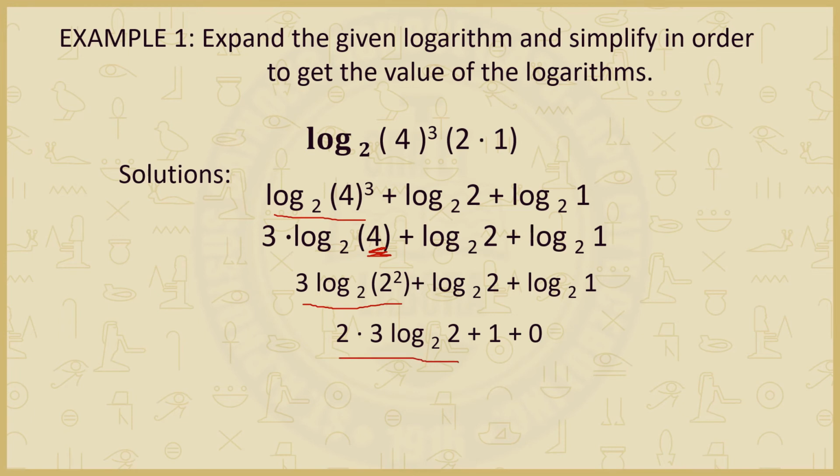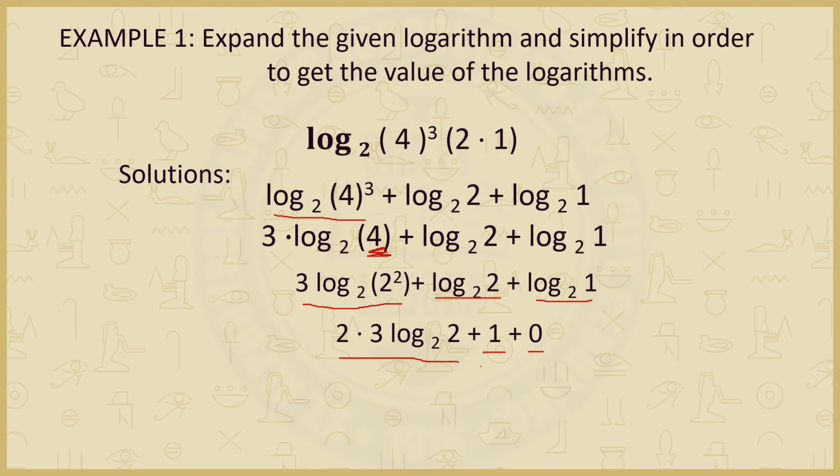Okay? And this one, the logarithm of 2 to the base 2, it is equal to 1 because this is according to the second property of the logarithm. And the logarithm of 1 to the base 2, it is equal to 0. And that is according to the first property of the logarithm in the first set.